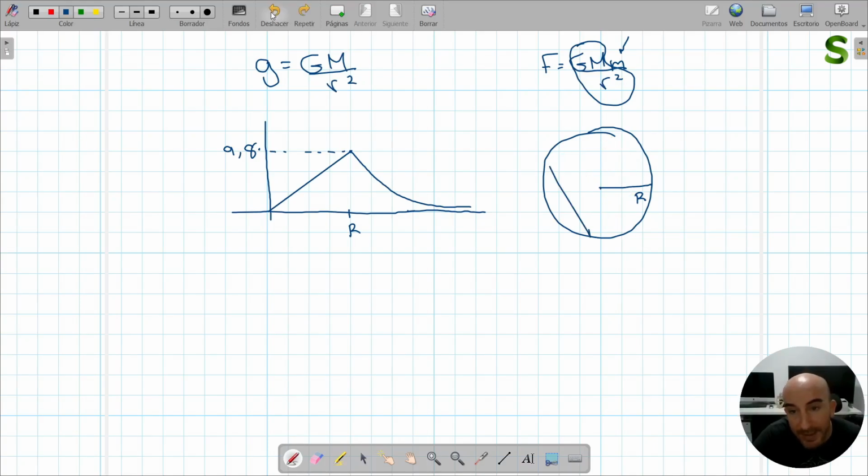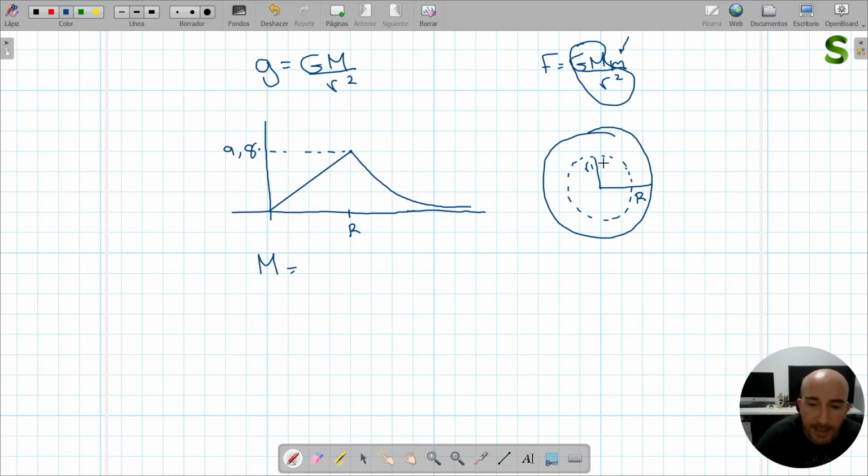But as we go into the planet, so if we consider that we're at the distance r1 of the planet, the mass is less than the mass of the whole planet, because we have less planet inside of our radius.